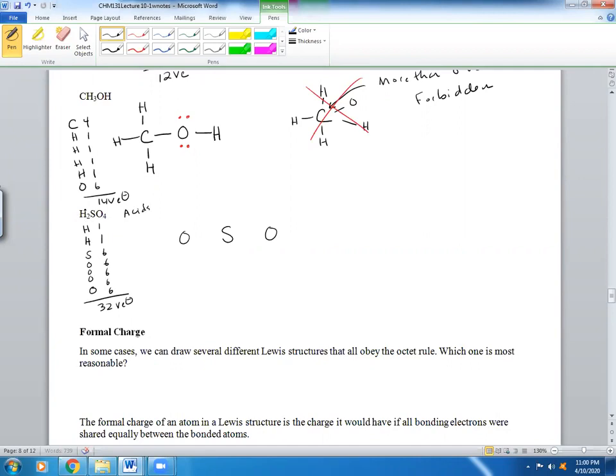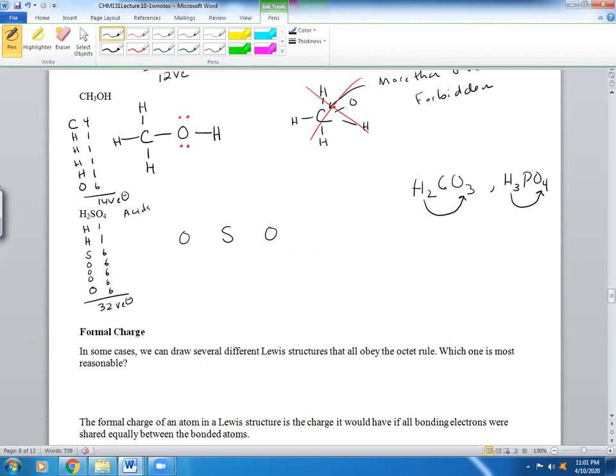Anytime you have these, what you need to remember is that the H's are actually going to belong to the O's and not the S. Anytime you have something followed by H2, even if it's CO3, H2, or H3PO4, just be aware that those H's belong to the second atom or the second set of atoms.